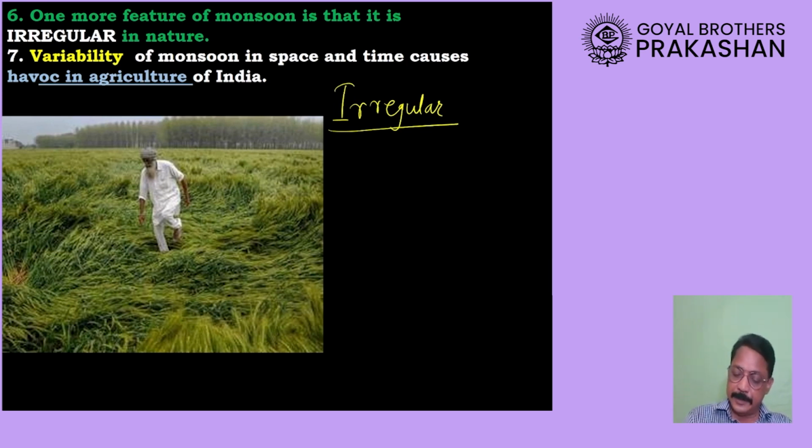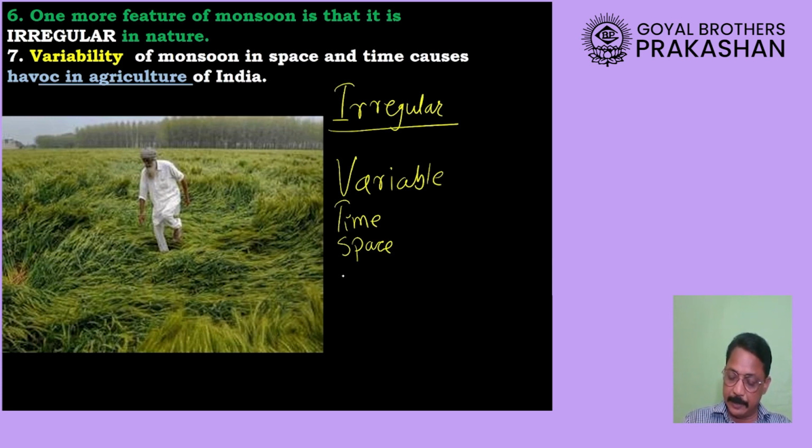And the last characteristic is that this rainfall is variable. It is variable in terms of time, in terms of space, and in terms of amount. For example, if in Maharashtra in the month of June the amount of rainfall expected is, let us say, 100 centimeter, then it may not be exactly 100 centimeter, it might be 80 centimeters.